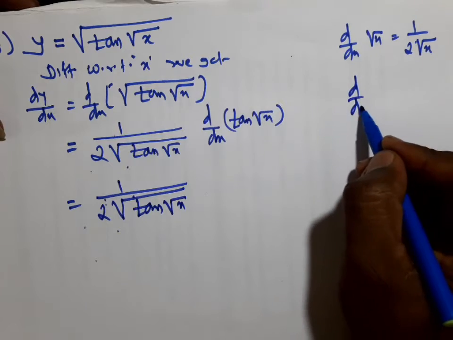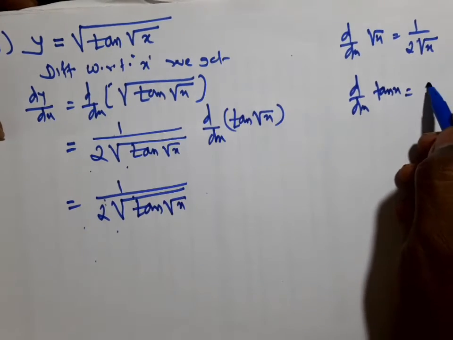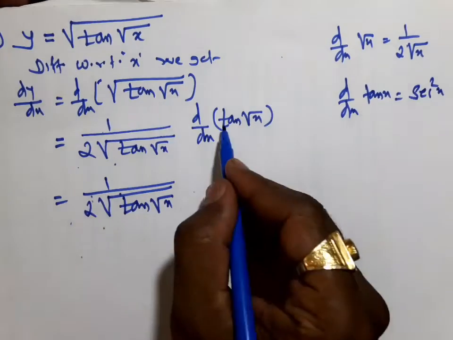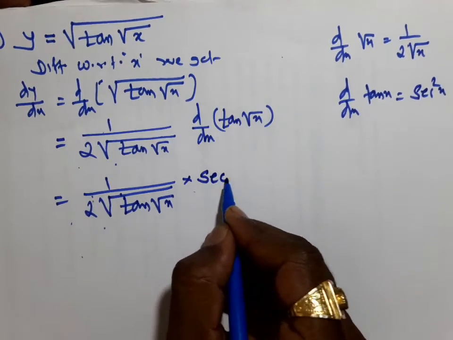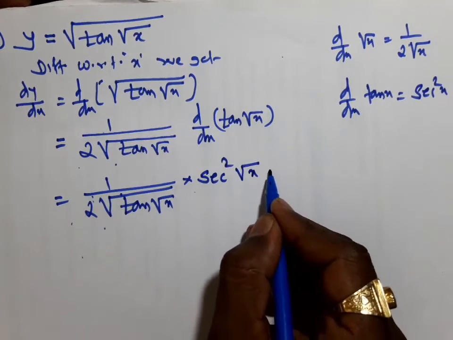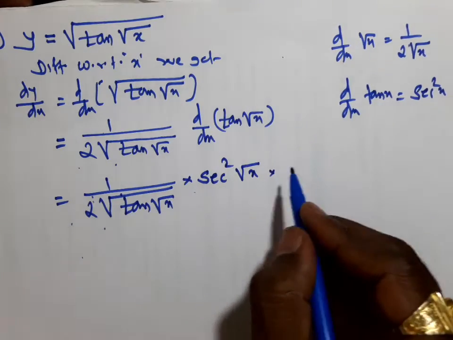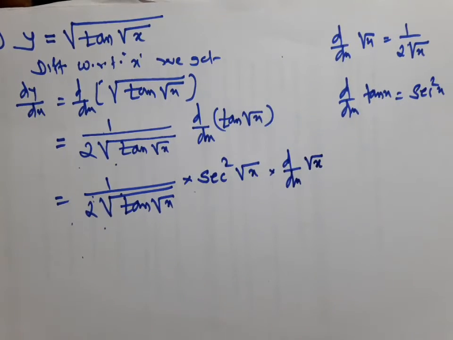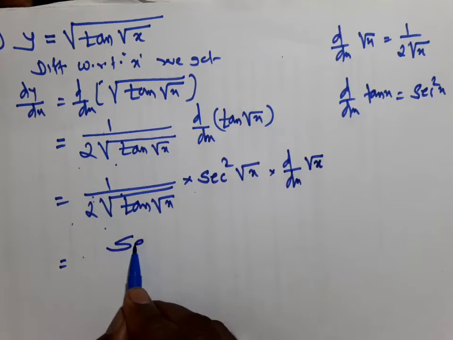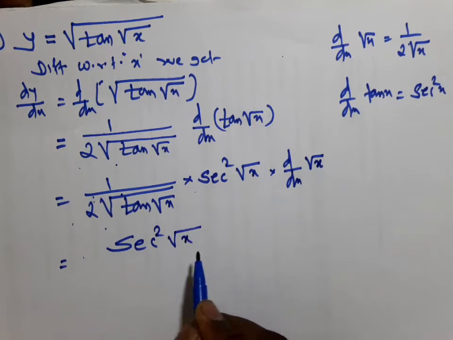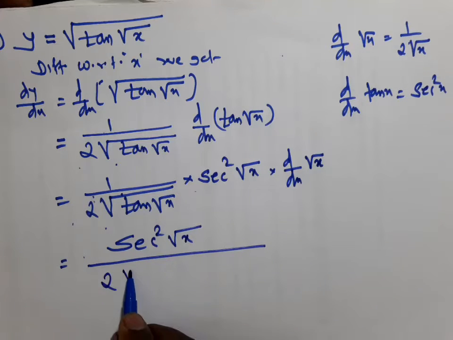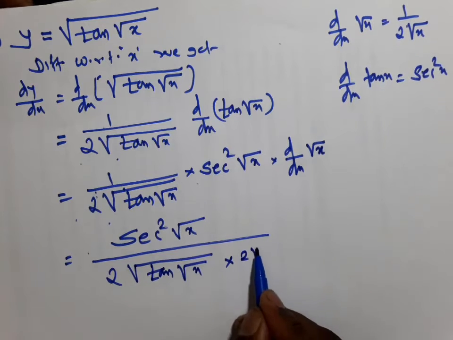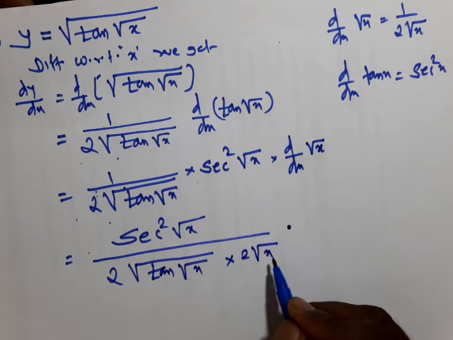What is the derivative of tan x? It is sec square x. So therefore this will be sec square root x, but the final derivative is not yet 1, so then the derivative of root x. So this will finally be sec square root x upon 2 root tan root x into 2 root x into the derivative of x.